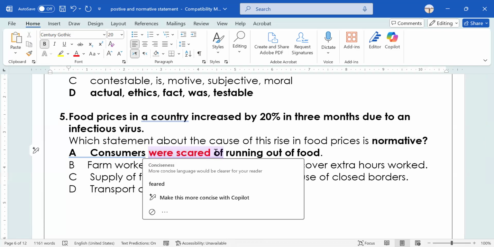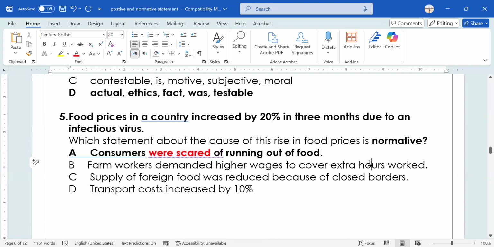It reflects your feelings, and it's not a measurable fact. This is a very subjective description of consumer behavior, and you cannot test or prove how scared the people were because it's only based on opinion or perception. So obviously it's letter A. But how about letter B?